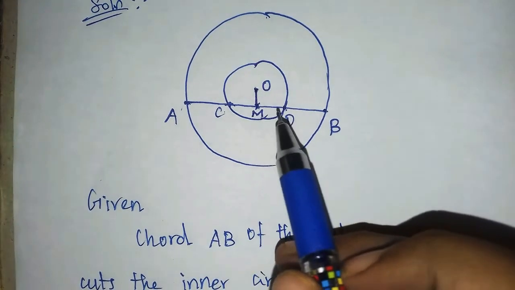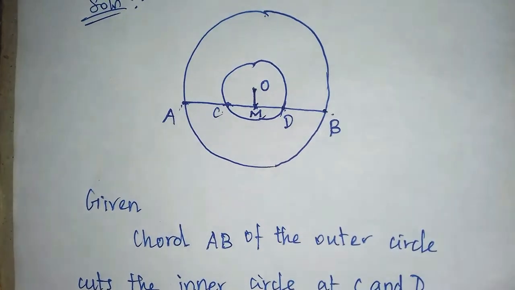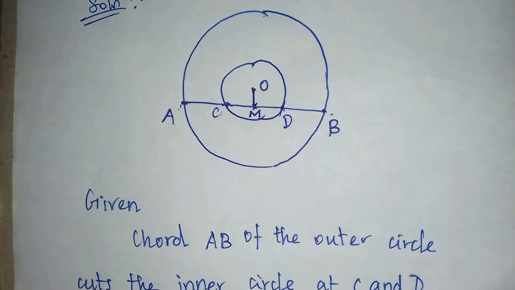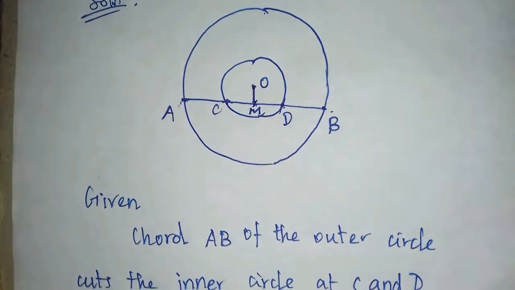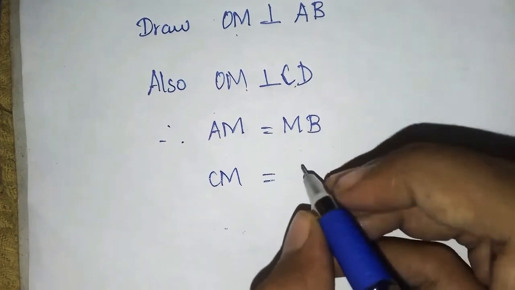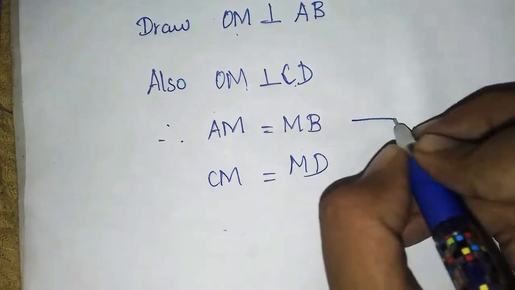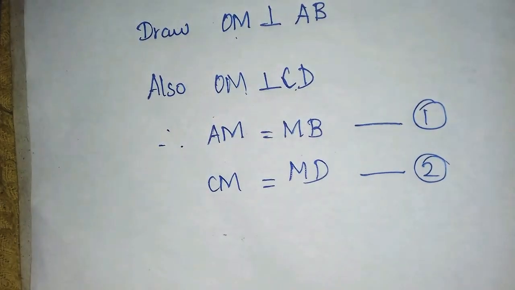This we have seen in one theorem. So similarly AB is perpendicular to OM. So there also what can we say? AM is equal to MB. CM is equal to MD. Keep this as equation 1 and this as equation 2. Can you understand till this?